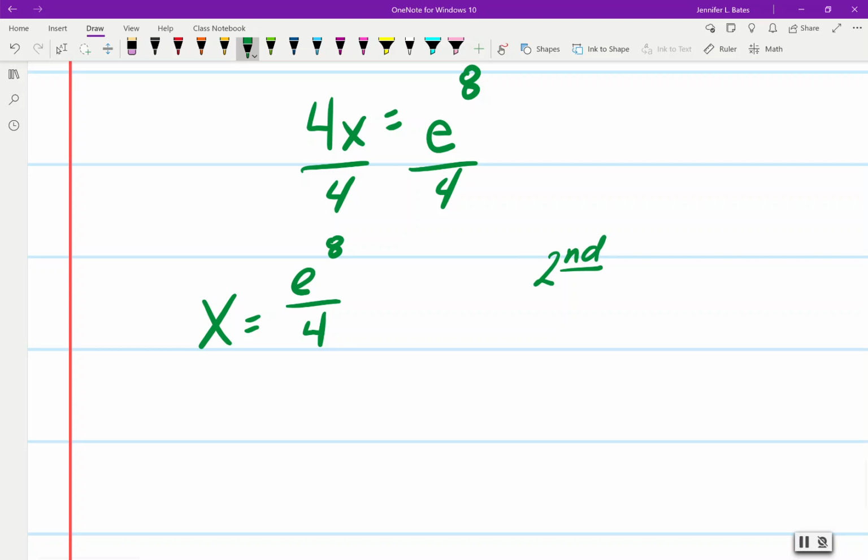So we're going to hit second and then the natural log button. Then we have e caret parentheses that pops up on our screen. So we're going to type in 8, enter, and then we're going to divide it by 4, enter.